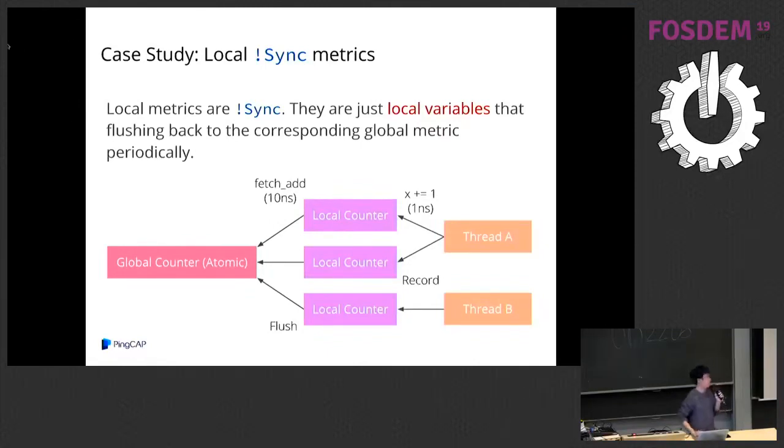For example, you can just use x += 1 to increase the local counter, and the counter will be flushed to a global counter, for example, every 2 seconds or 3 seconds. Although it takes 10 nanoseconds, it's fine because it only happens once every 2 seconds.